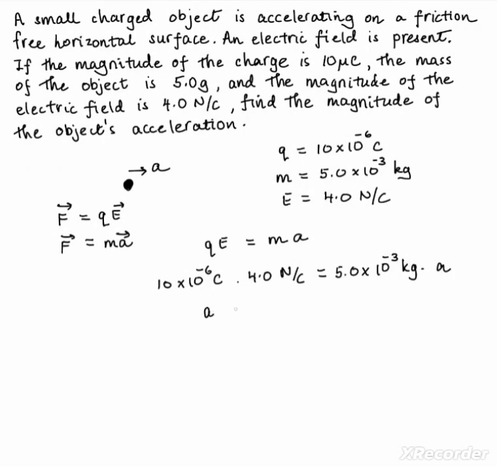So if we isolate acceleration, we divide both sides by 5 times 10 to the negative third kilograms. So we have 10 times 10 to the negative 6 times 4, and then we divide that by 5 times 10 to the negative third kilograms.